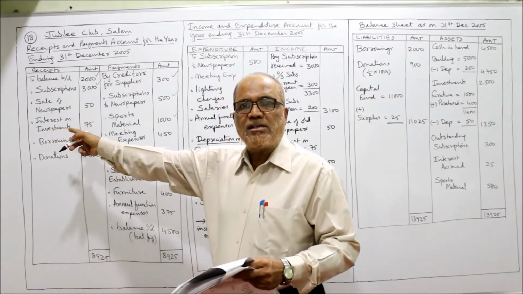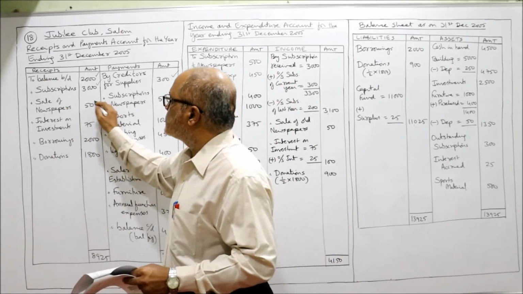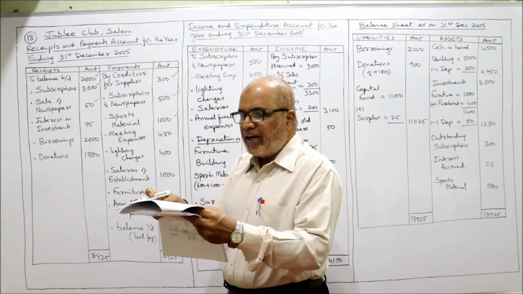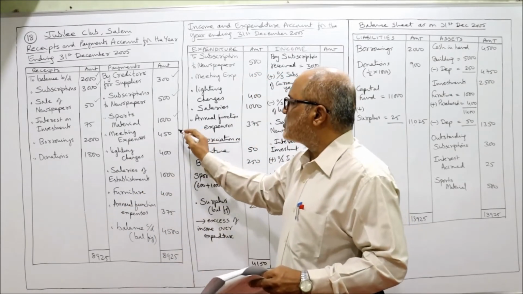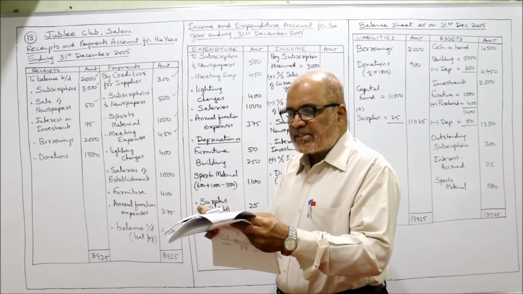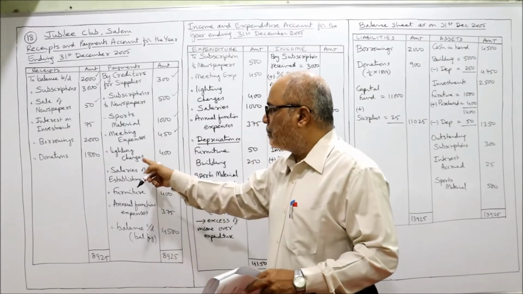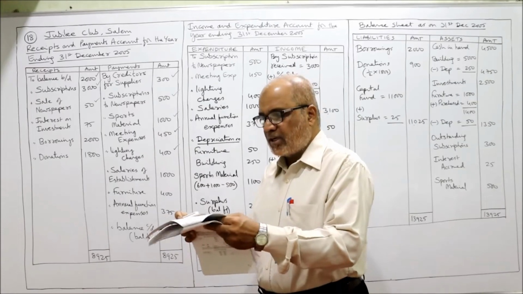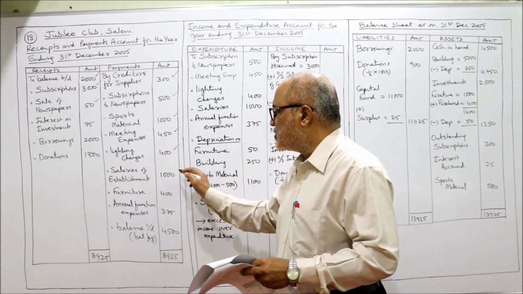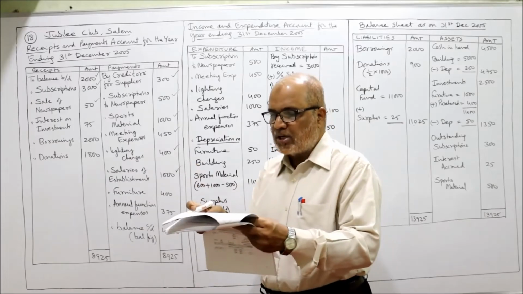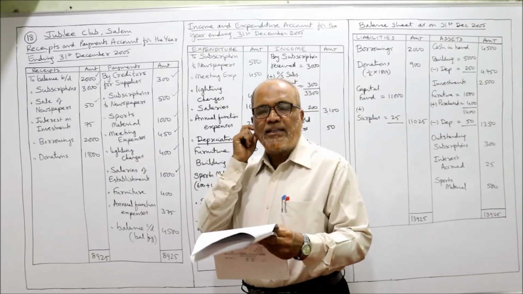So on the debit side, receipt side, sale of old newspapers 50. Then meeting expenses, it's a payment, 450. Then lighting charges 400, payment side. Salary of establishment, payment 1,000.